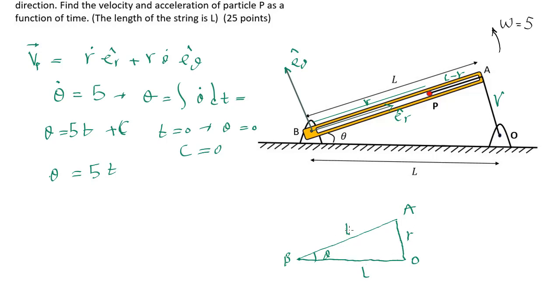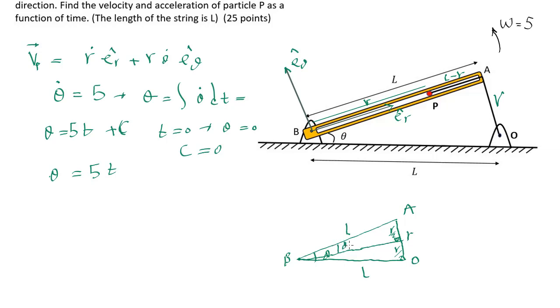Because these two sides are equal, that's going to make a 90-degree angle with OA. So this is 90 degree, this is going to be R over 2, and this is going to be R over 2. Now we have a triangle with a 90-degree angle. This side is R over 2, this side is L, and this is going to be theta over 2, theta over 2.